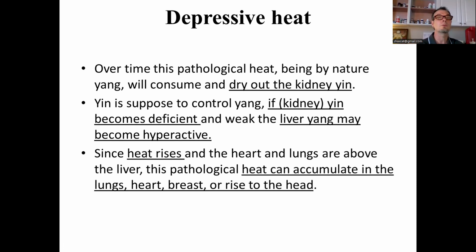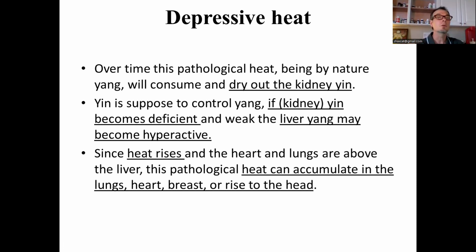Over time, this pathological heat, being yang by nature, warm by nature, will consume and dry out the kidney yin. That's not the first thing, but it can happen. It doesn't happen all the time, but it's something you potentially could see.